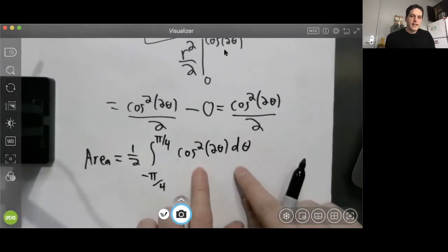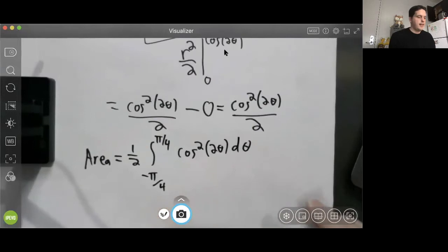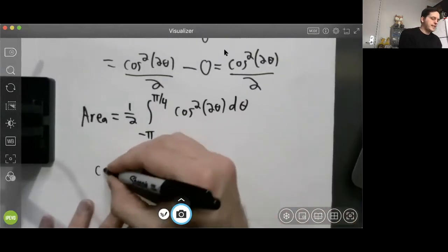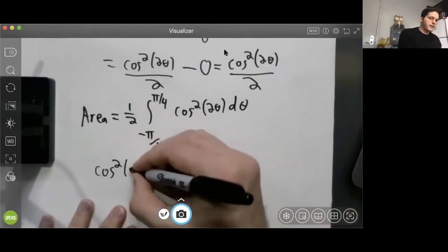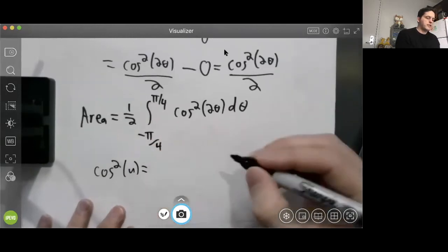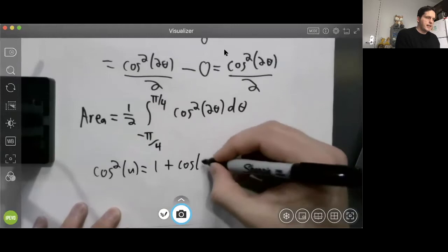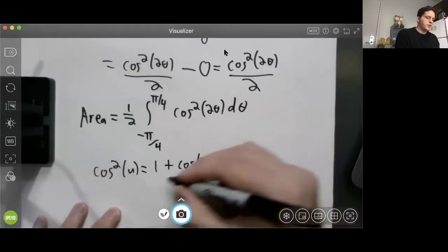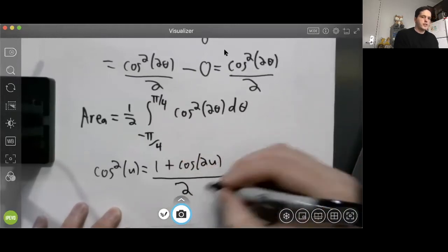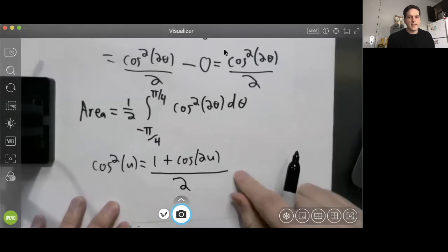But there's a trig identity we can use at this point that will help us out. There's a trig identity that says cosine squared of u is equal to 1 plus cosine of 2 times u over 2.